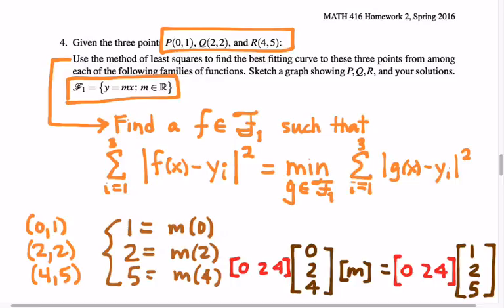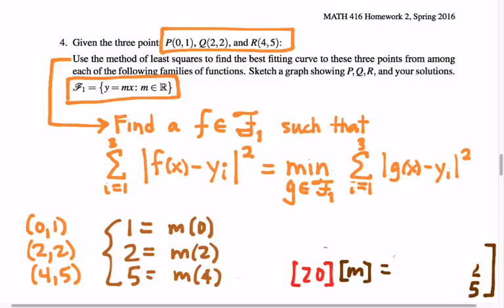So (0, 2, 4) multiplied by (0, 2, 4), that's going to be 20, I think, if I'm doing my arithmetic right. 20. And then on the right-hand side, (0, 2, 4) times (1, 2, 5) is going to give me 24, I hope. And so now you know what the slope of this best fit line is going to be.